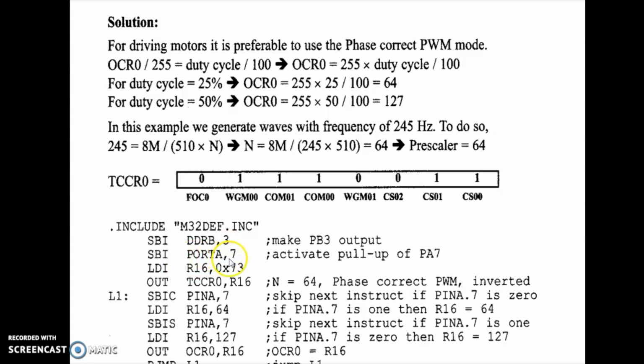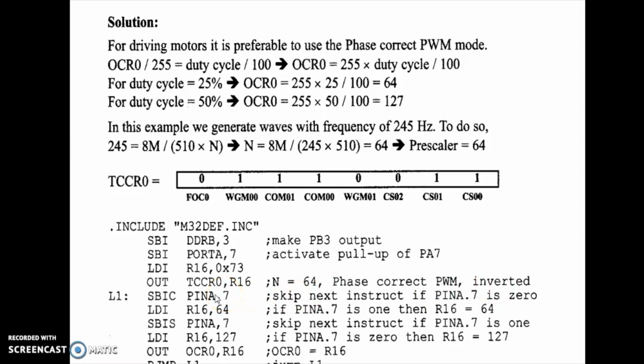Then pin 7 of port A is set in order to activate the pull-up resistor. And the control word 73 for TCCR0 is moved to the TCCR0 register, which means the prescaler value is 64. We are using the phase correct PWM and in the inverted mode.